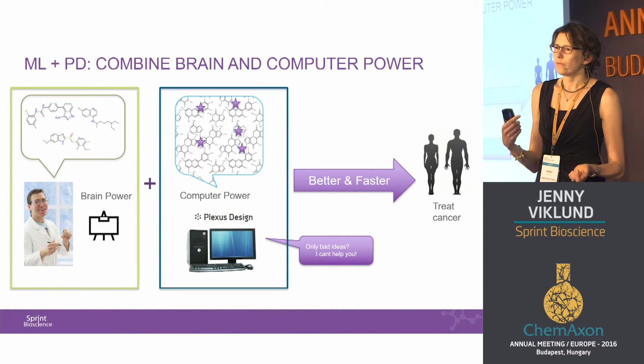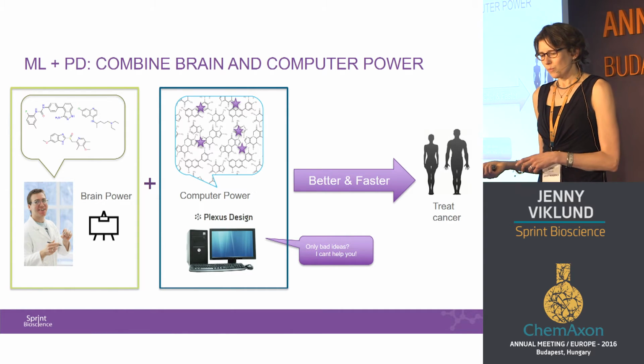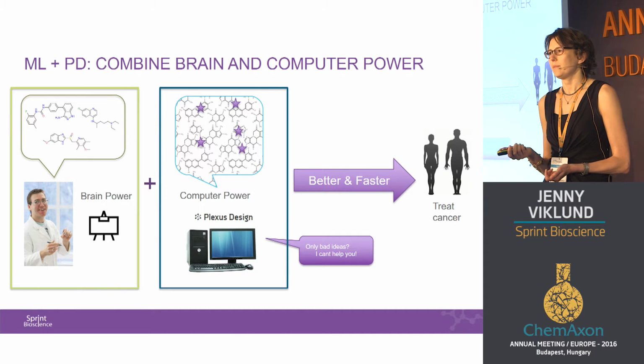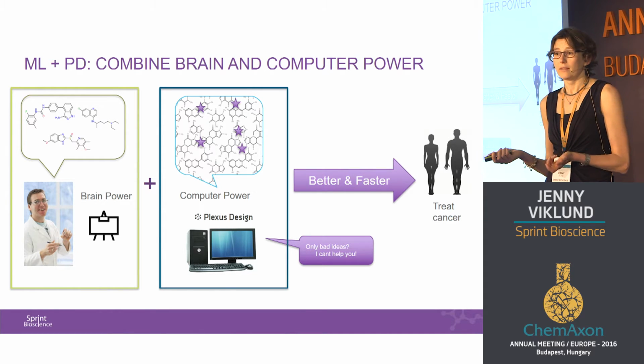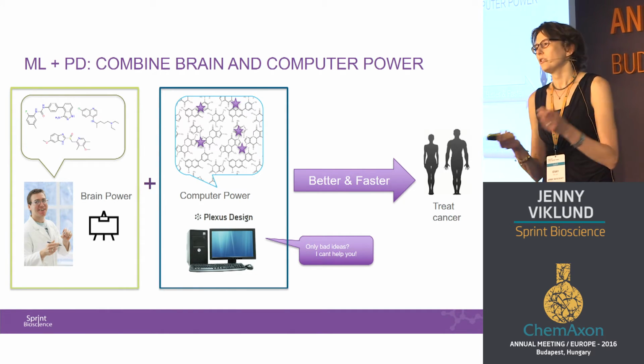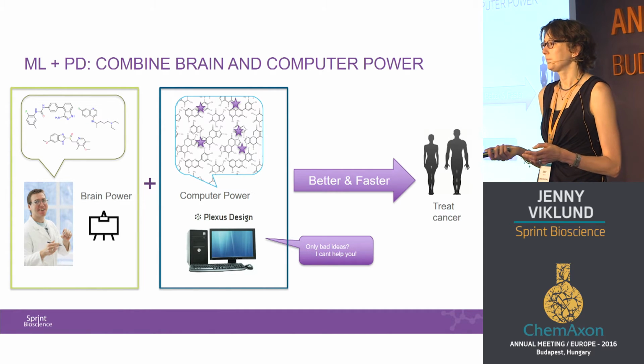So we want more of those human ideas. And then the superpower of the computer is the ability to filter huge libraries. And we like that as well. So the more the merrier. The more ideas we put into the computer, the larger the chance that the super filters from Schrödinger will pick out something good.